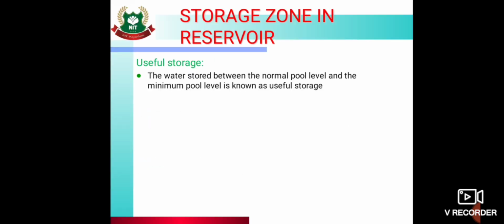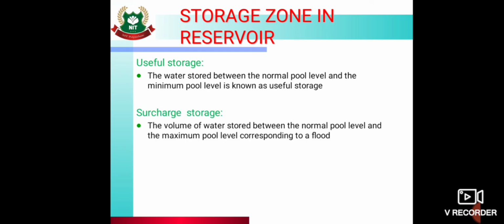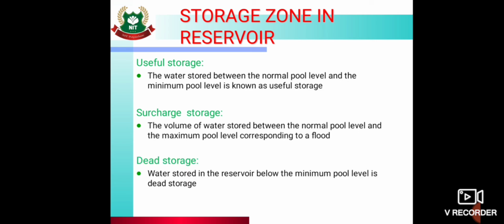Then useful storage: the water stored between the normal pool level and the minimum pool level is known as useful storage. Then surcharge storage: the volume of water stored between the normal pool level and maximum pool level corresponding to a flood is called surcharge storage. Then dead storage: water stored in the reservoir below the minimum pool level is known as dead storage.